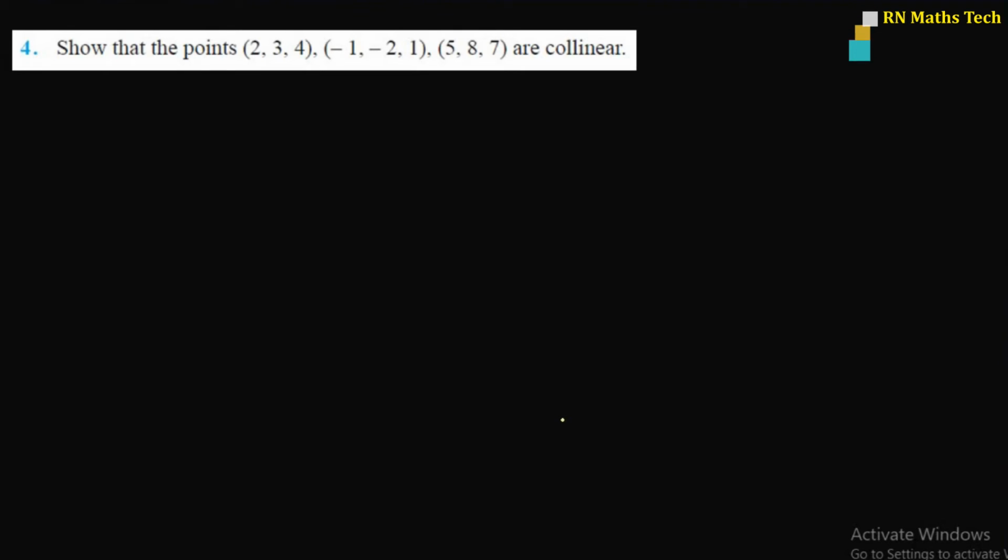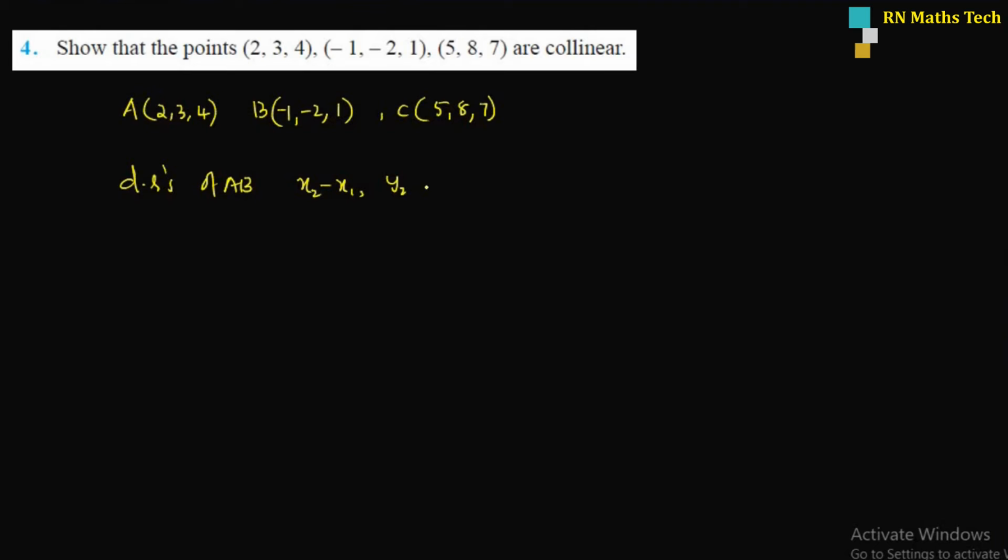Show that the points are collinear. See points, let A is equal to 2, 3, 4 and B is minus 1, minus 2, 1 and C is 5, 8, 7. Now direction ratios of AB. AB means x2 minus x1, y2 minus y1, z2 minus z1.